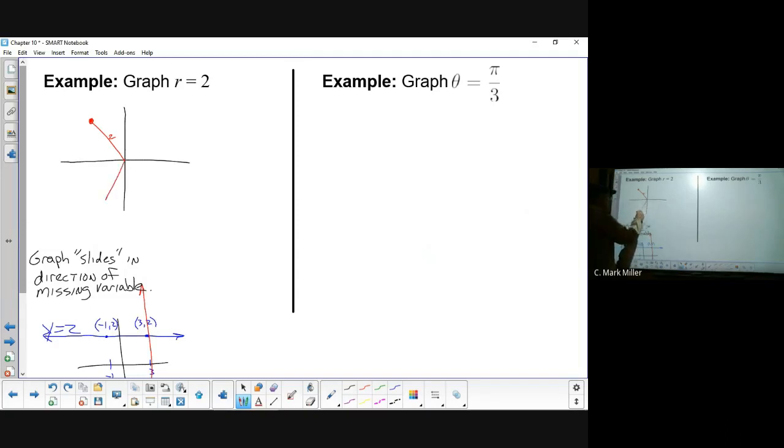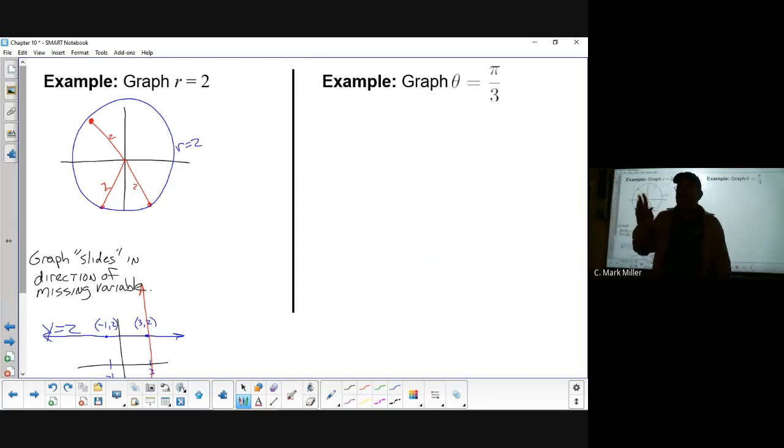Well, that one is, right? This point over here, right? Theta goes through all of its values. And so what you wind up with is the locus of points 2 from the origin. It's a circle. So R equals 2. It slid in the direction of the missing variable.